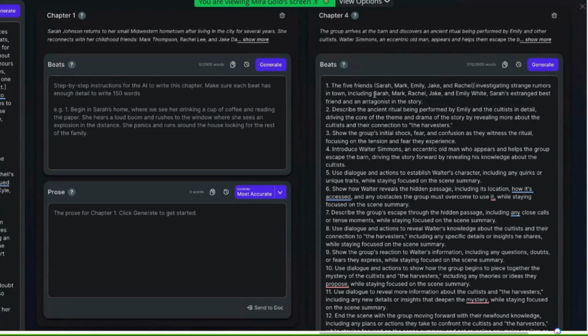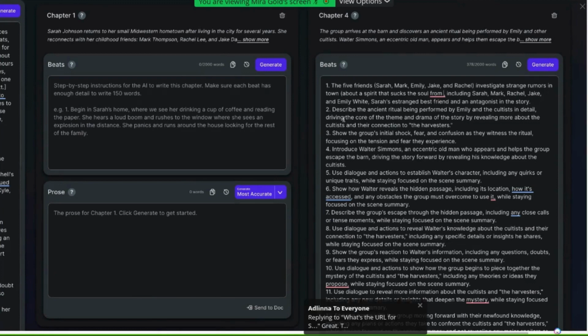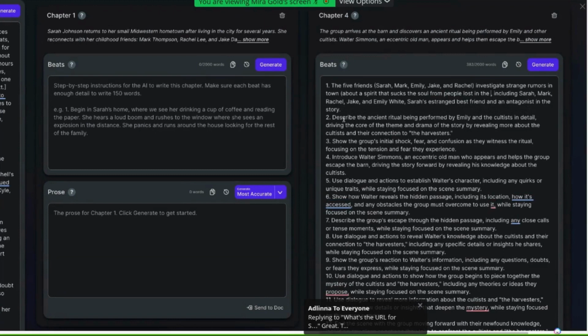Now, notice that they're right here too. But it opens, and this is the first thing that our AI sees, the 5 friends, Sarah, Mark, Emily, Jake, and Rachel, investigating strange rumors in town. So they investigate strange rumors in town about a spirit that sucks the soul from people lost in the woods.